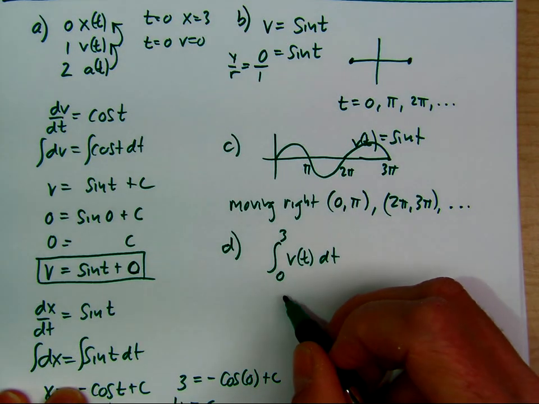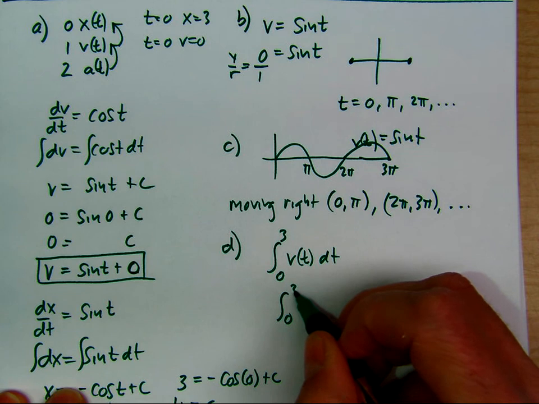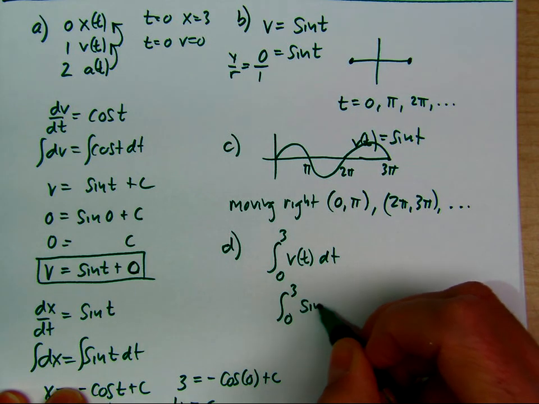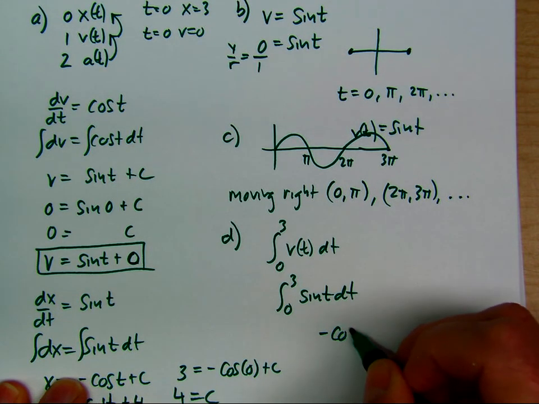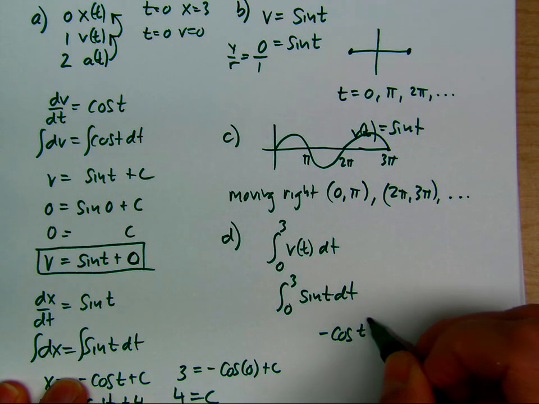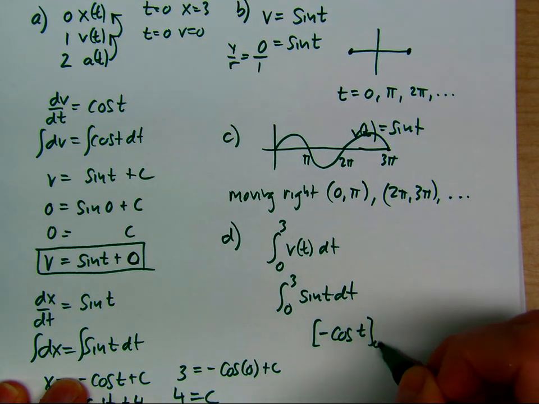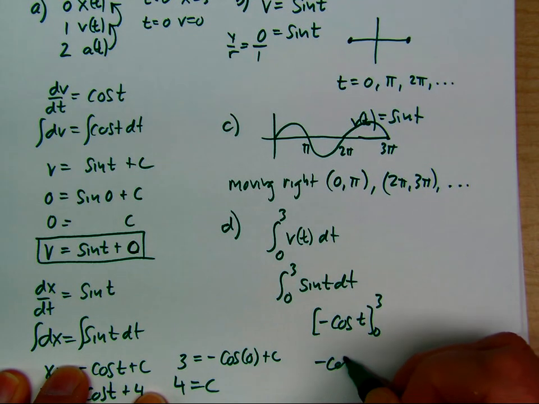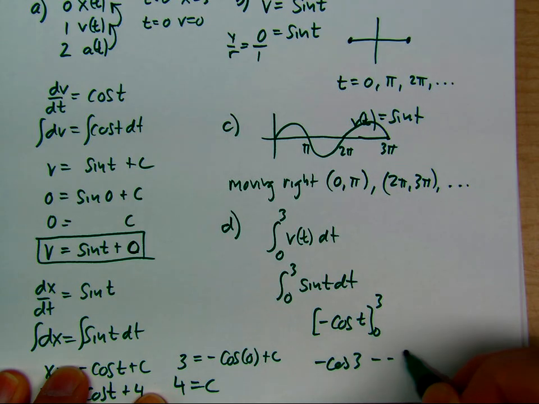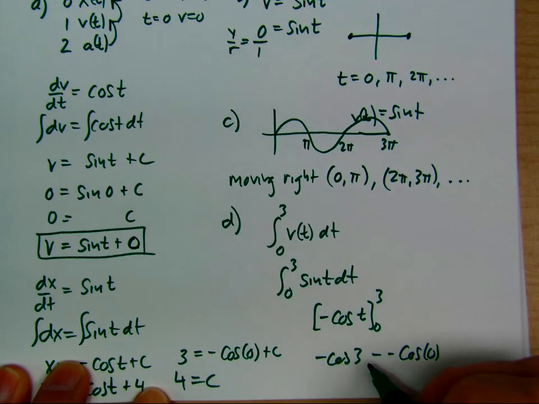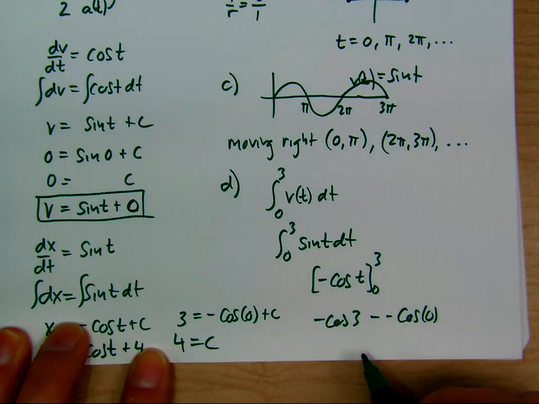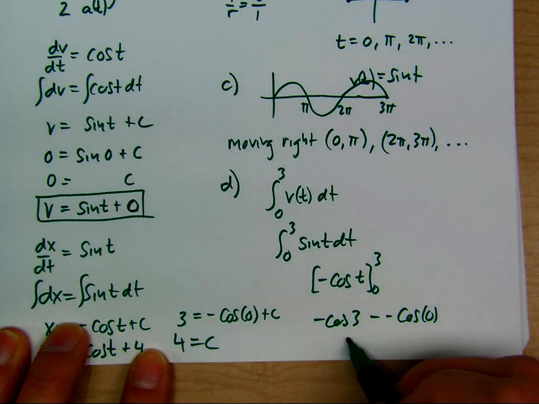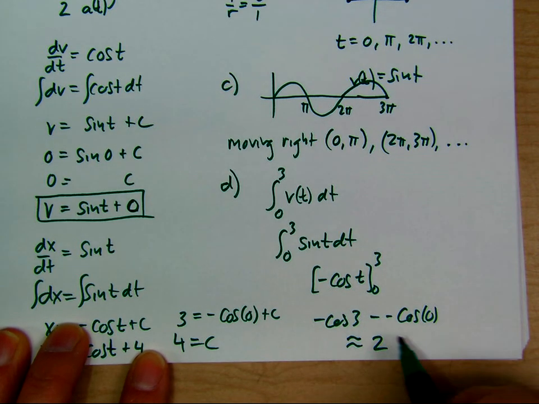So we have the integral of sine, we get negative cosine 3 minus negative cosine 0, and this is approximately 2 if we do that on the calculator.